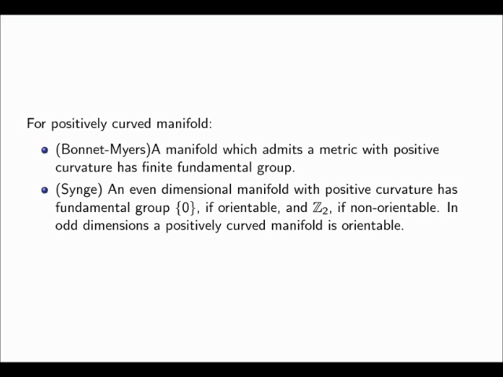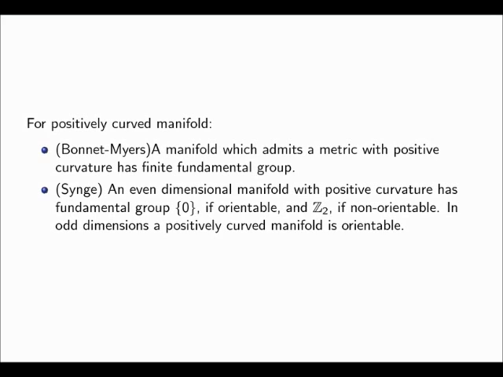RP4 is covered by S4, and for any one point in RP4, there are two points in S4 corresponding to it. This one is not orientable, so the fundamental group is equal to Z2. You only have two elements.